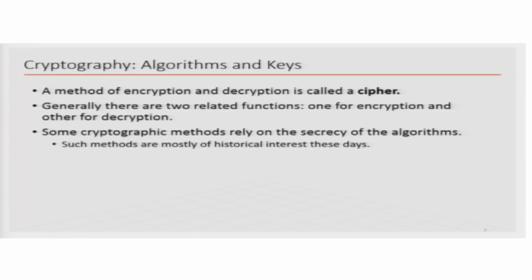That is the only secret that stood in the way of an eavesdropper, somebody who is trying to capture the message on its way and trying to understand it. It is secret to them, and therefore, they cannot do it unless somehow they figure out what the algorithm is.